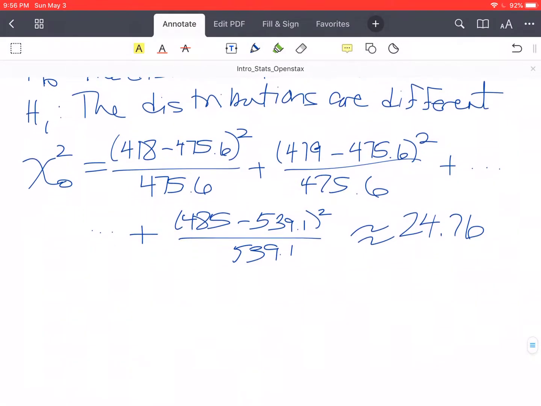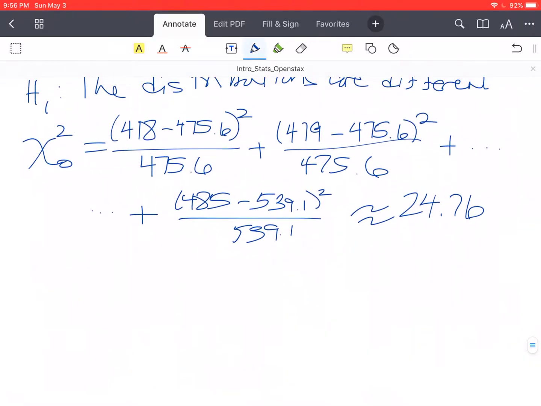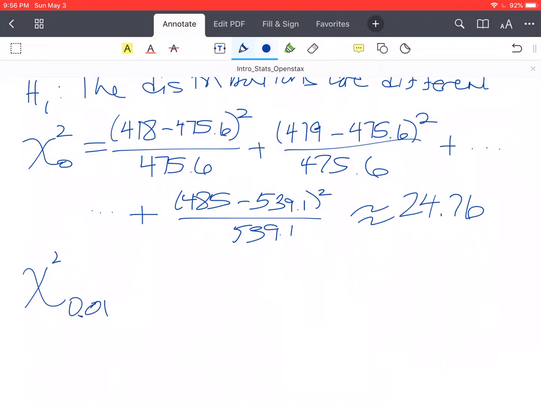So now we compare that to our critical value, chi-squared sub alpha, which in this case, alpha is 0.01 for this test. Don't forget 2 degrees of freedom that we saw earlier. So we go into that table, find the 0.01 column, find the 2 degrees of freedom row, should be just the second row, and we find that this value is 9.210.